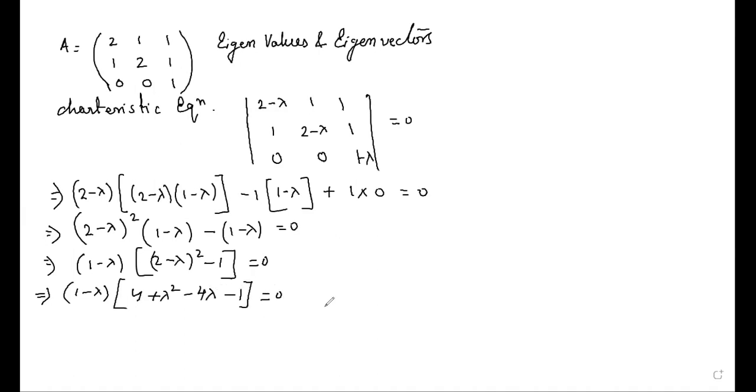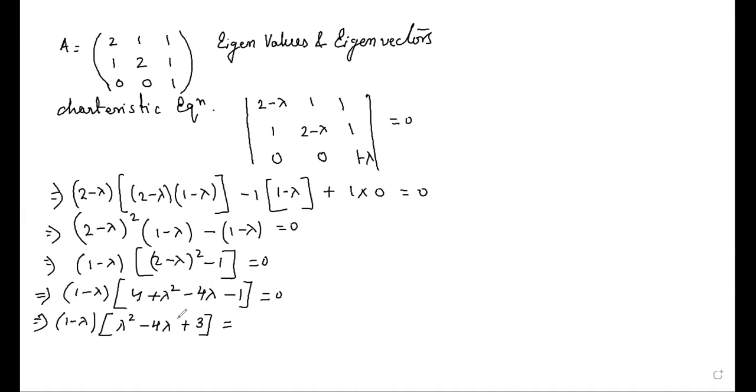We could also use a squared minus b squared here. So it becomes lambda squared minus 4 lambda plus 3.